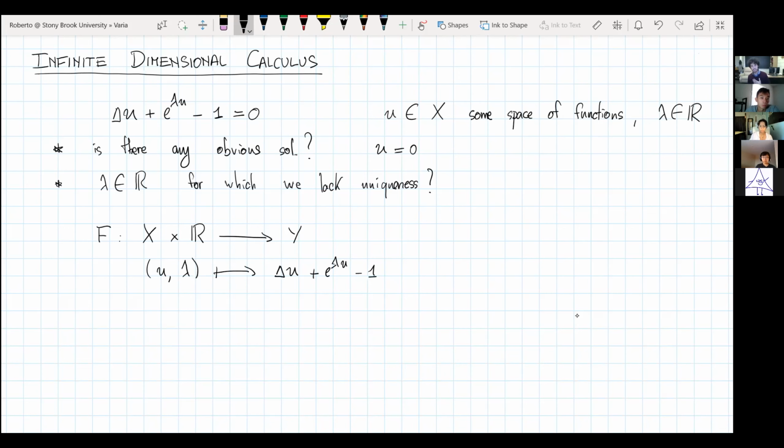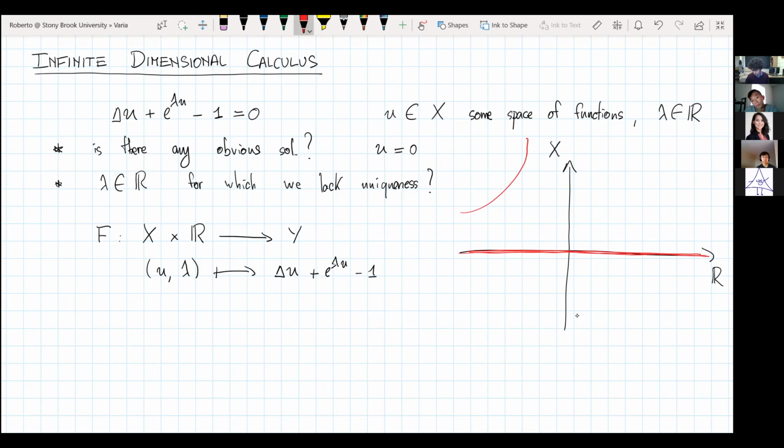And we are looking at the zero set of that. So we can try to quote unquote graph this functional in the R-X plane as some curve. And we already know that u equals 0 is a solution for all lambdas. So for sure, the R-axis is there. But maybe there are other solutions, other branches that do something like this. And maybe they cross our trivial solution or not.